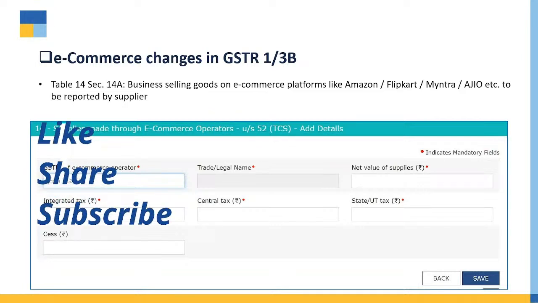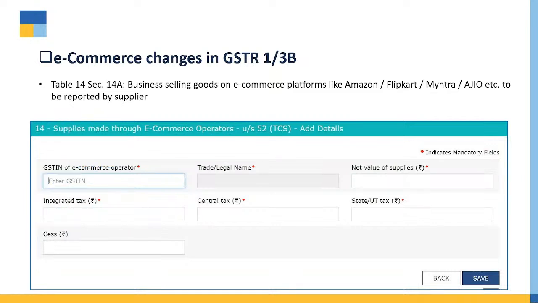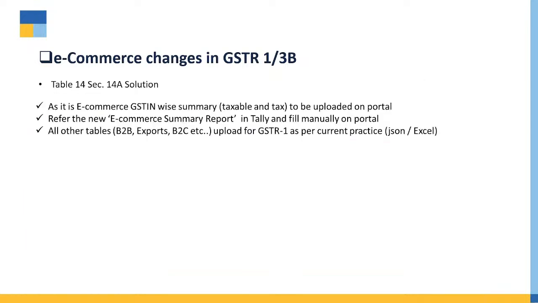So for an immediate solution, it is very simple, as we are already accounting these transactions today. What we are giving as the solution is an e-commerce GSTN-wise summary, with taxable and tax amounts to be reported by the supplier. So it can be done on the portal. Today in Tally Prime Release 4.1, we have this e-commerce summary report given.